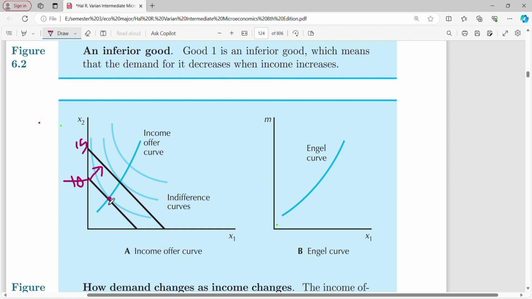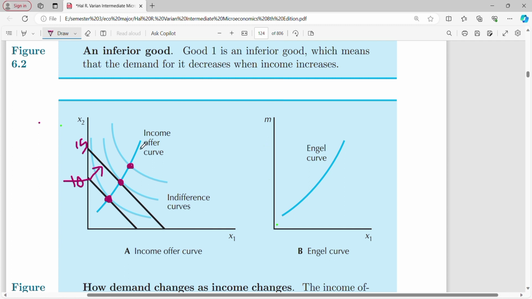So in this 10 rupee part, the optimal bundle is positioned here. Then when it was 15, the optimal bundle is positioned here. The IC is tangent to the budget line at this part. Then it is here. Okay, got it.